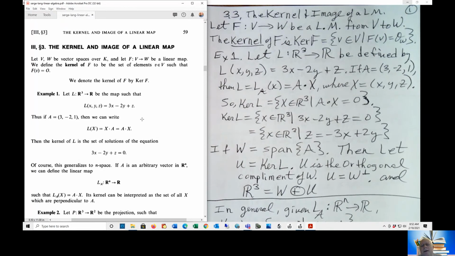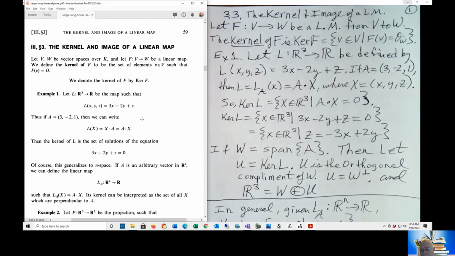So the kernel of L consists of the ordered triples x in R3 so that the dot product of A with x is 0. In other words, the kernel of this map consists of all vectors in R3 perpendicular to the vector A. Okay, now notice what you can do with that one.